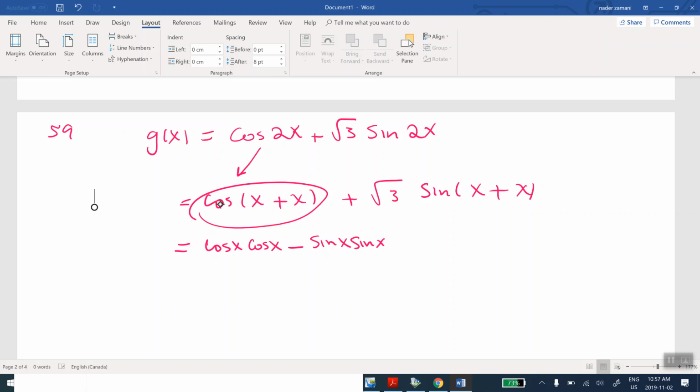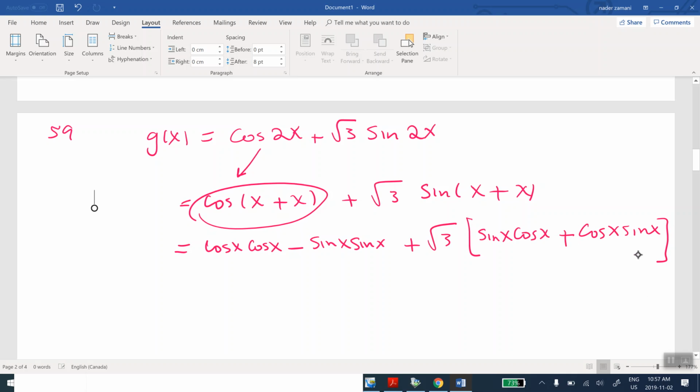Remember, the formula for cosine of the sum of two angles looks like that, plus root 3. And here we have sine of the sum of two angles, sine x cos x plus cos x sine x. Okay, there we are.